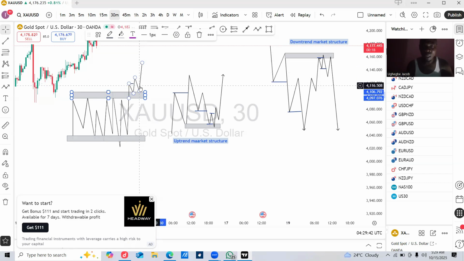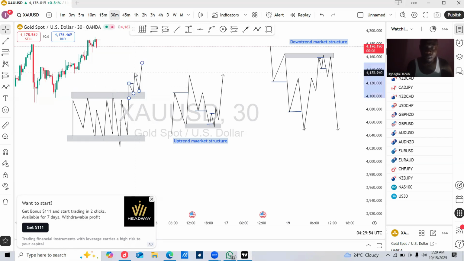And once you start buying the market, one thing you must understand is that you must target this recent high, because this was the high, and this is the pullback. As the market is buying to the upside, yes, we know the market will definitely create another high, but we'll first of all target this recent high here to take our profit.